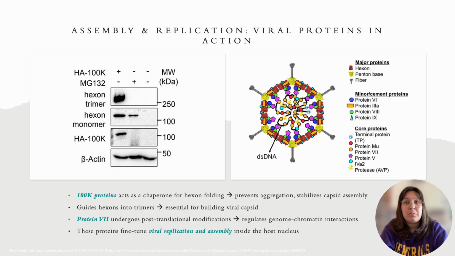Another key protein, protein 7, undergoes post-translational modifications that regulate how the viral genome interacts with the host chromatin. This affects nuclear import, gene expression, and genome accessibility. Together, proteins like 100K and 7 fine-tune the virus's ability to replicate by hijacking the host cell's nuclear biology.